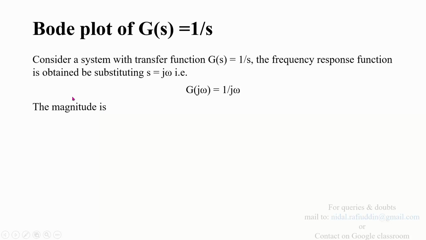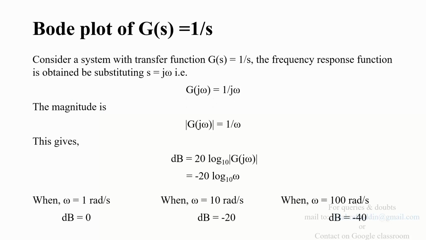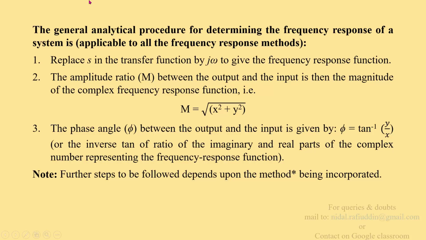If you remember, this is the general procedure that will be applied for any frequency domain approach when we try to analyze systems. You will have the first three steps common in all the approaches. First you replace s by j omega in order to obtain the frequency response function.